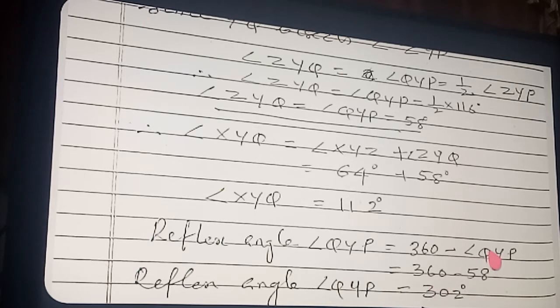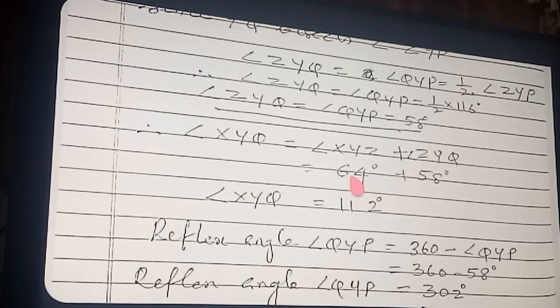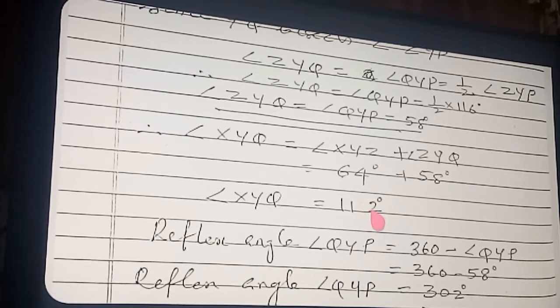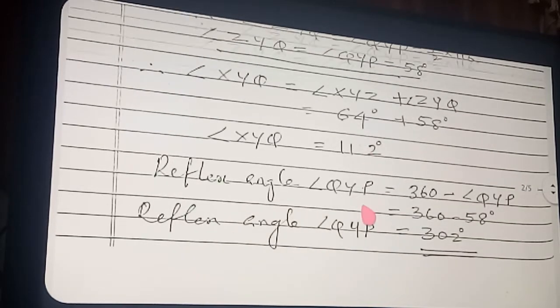So what is the QYP measurement? How much is given? 58. So 360 minus 58, how much will come? 302. Clear? So you got the angle answer properly now. And here you have to do the correction. So don't write the same mistake in your notebook. Here add and see, 122 degrees. Clear? Okay, completed.